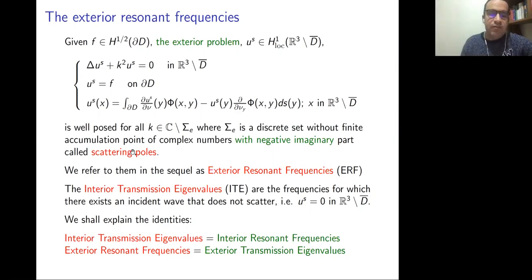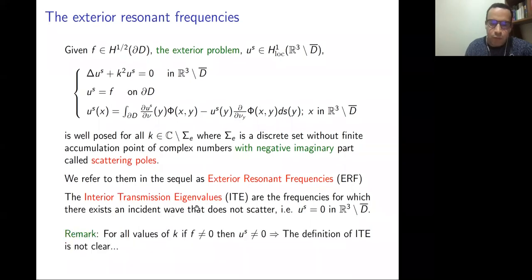I have defined the scattering pole. Let me now define these interior transmission eigenvalues more properly, because in fact this formulation is not really suitable to define them properly, because you see, if the scattered wave is zero, the data should be zero. So we cannot really define the notion of invisibility by formulating the scattering problem like this.